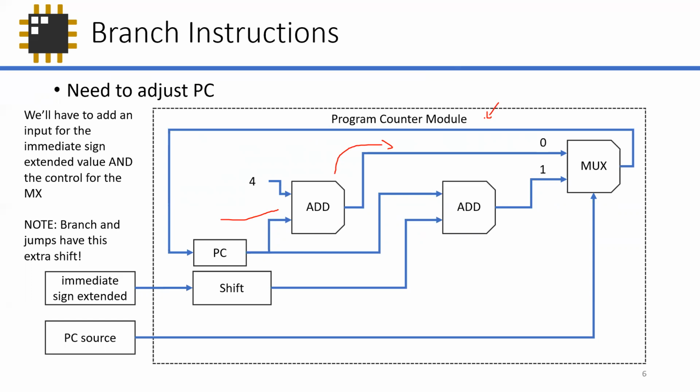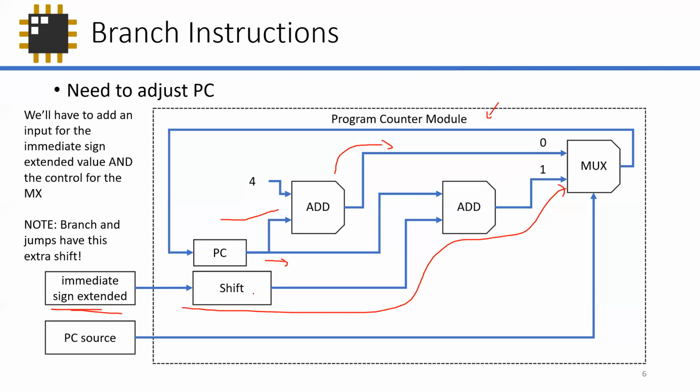But it's entirely up to you. I'm not stopping you from where you want to put this additional feature where you take in a signed immediate, shift it, and then add it to the main program counter. Now, there's a tiny detail that you have to consider. If you read the PC specs according to the RISC-V instruction set, when you do a sign extension, you have to shift it once.